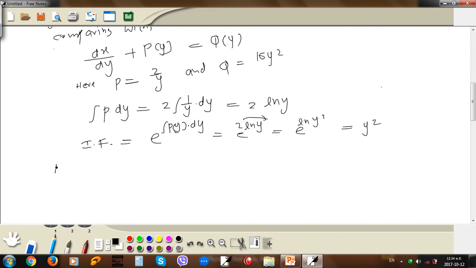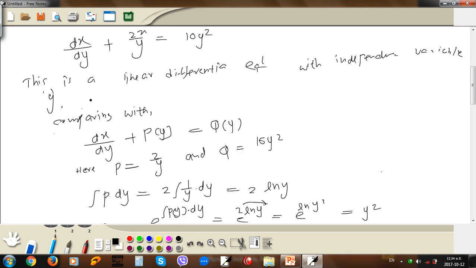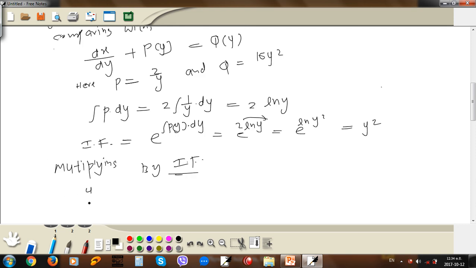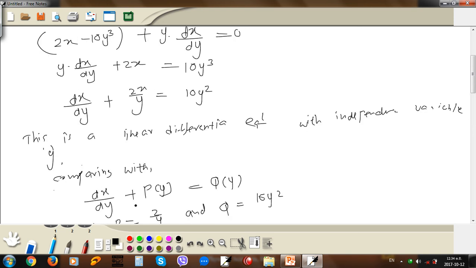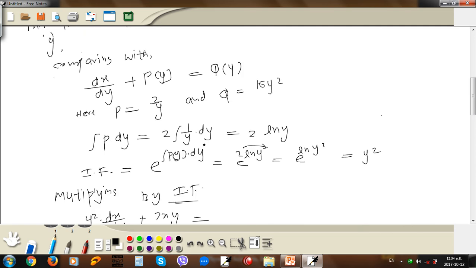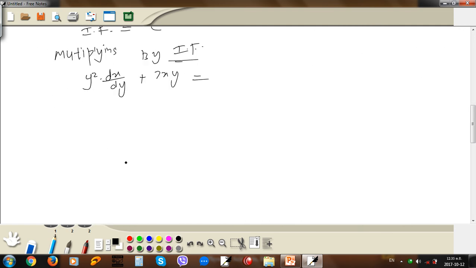Then we multiply the whole equation by the integrating factor. So our equation is y squared times dx by dy plus 2xy equals 10y to the power 4.